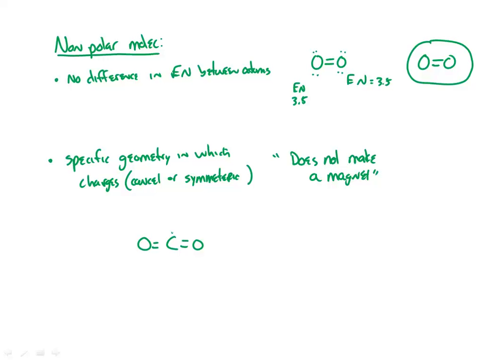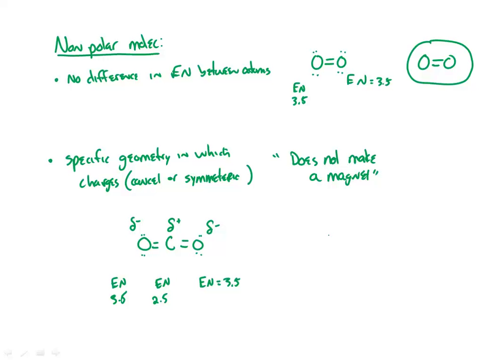Here we really do have some unequal sharing of electrons, in that the electronegativity of oxygen is 3.5, and of carbon, if I look it up, carbon's 2.5. And so it really means there's a small excess of negative charge on both oxygens, there's a small excess of positive charge on the carbon.